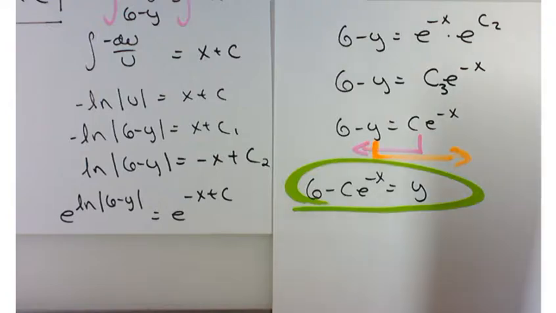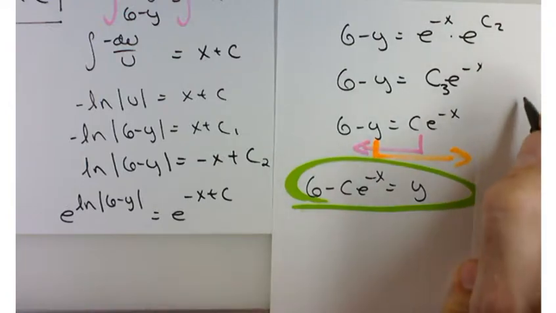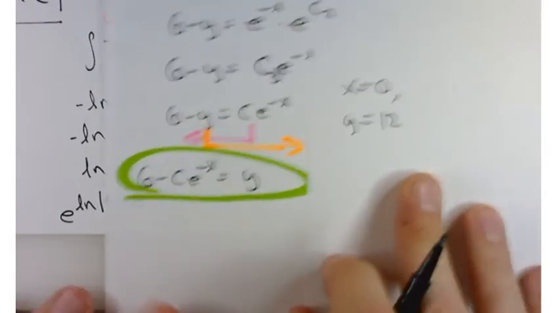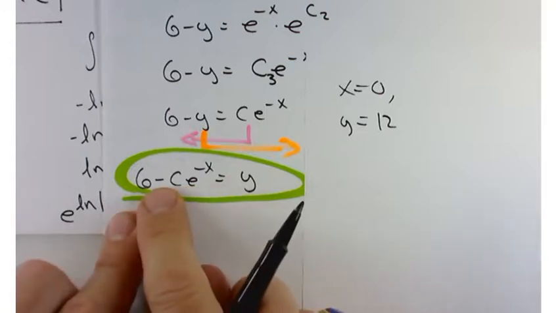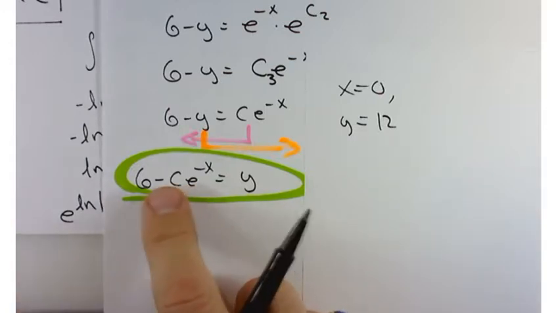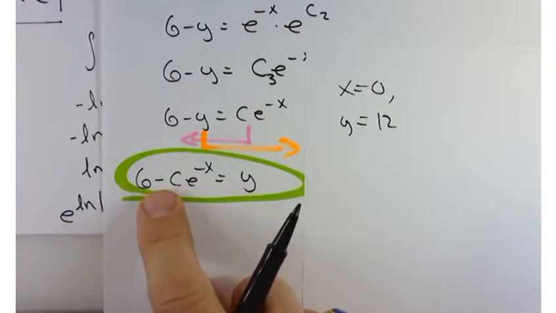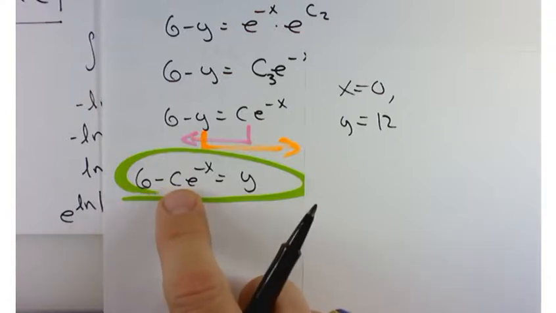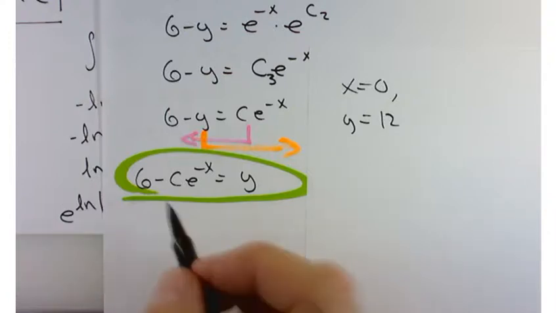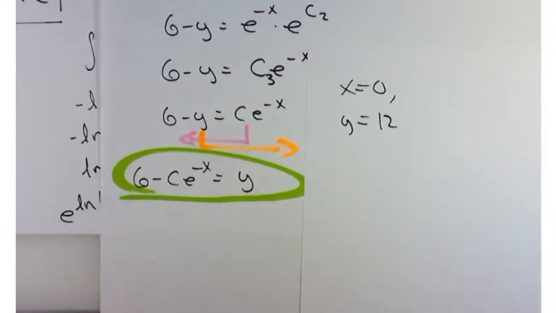They'll tell you that when x is 0, y is 12 or something like that. And so if you have a minus sign here, when you solve, maybe you'll get a plus 8. If you had a plus sign here, maybe you'd solve and you get a minus 8. But you'd still end up with the same function either way.